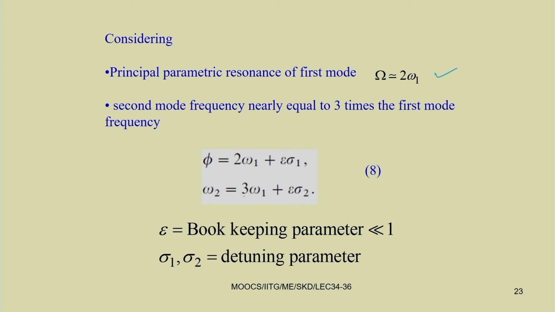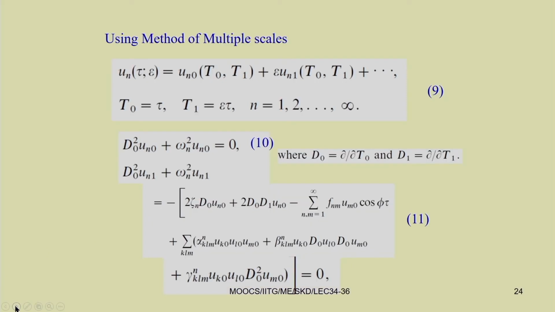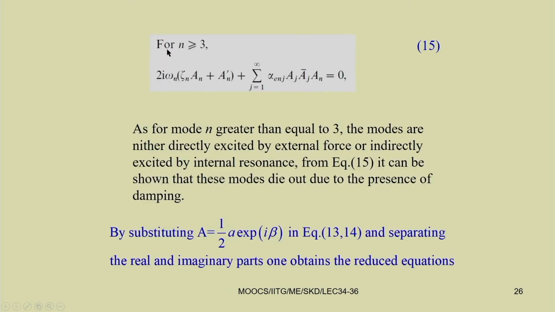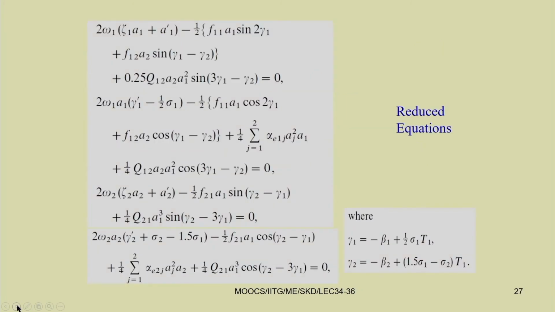Here we are assuming the second modal frequency is 3 times the first mode natural frequency, and sigma 1 and sigma 2 are the detuning parameters. Epsilon is the bookkeeping parameter, which is much less than 1. Using the standard procedure of the method of multiple scales, we can solve these problems and get the reduced equations. Details are given here.